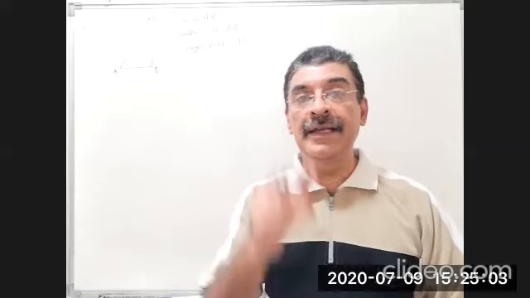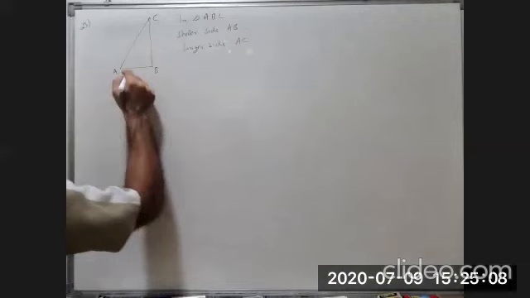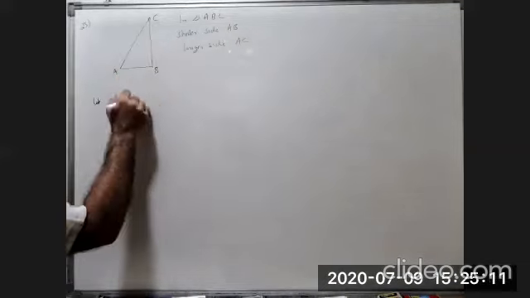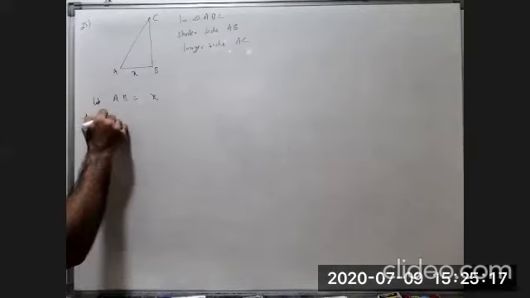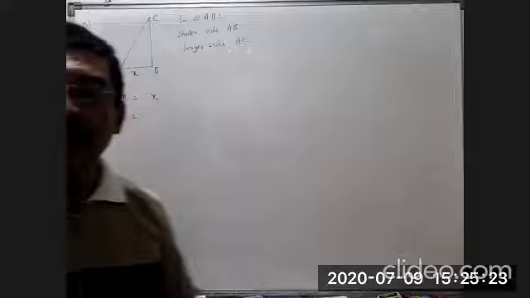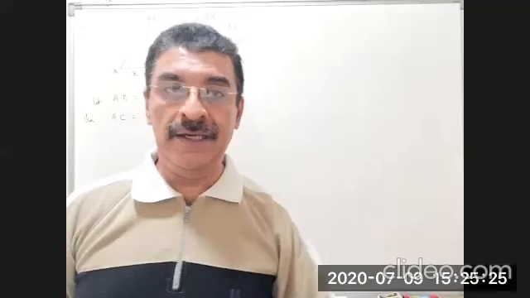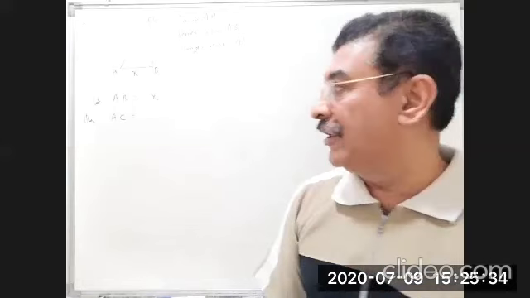If AB is x, then the longer side AC is 3 times x, that is 3x.